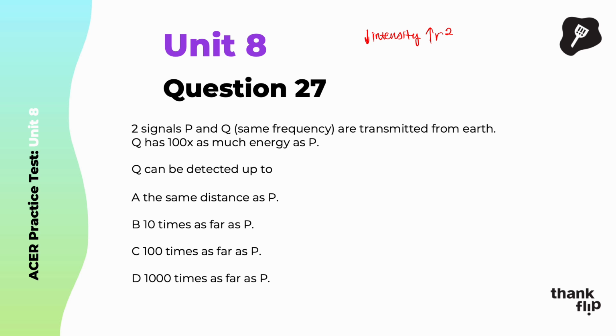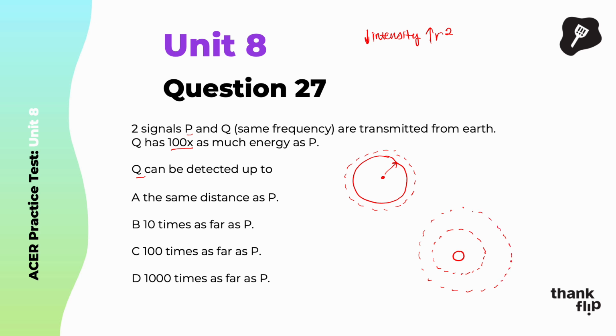And so we're asked to assume that there's a minimum intensity at which Q and P can be detected. So it's basically saying, what's the very border of the sphere where Q and P can be detected, right? So thinking about the energy levels, Q has 100 times as much energy as P. So say this is our Earth, and then we have, this is a terrible sphere, but bear with me and pretend these are concentric.